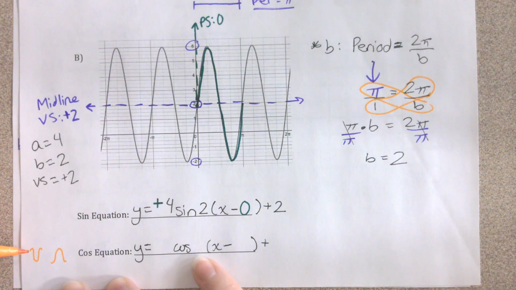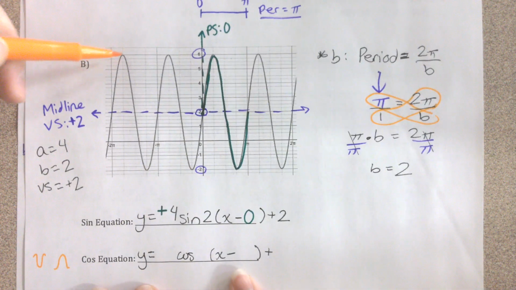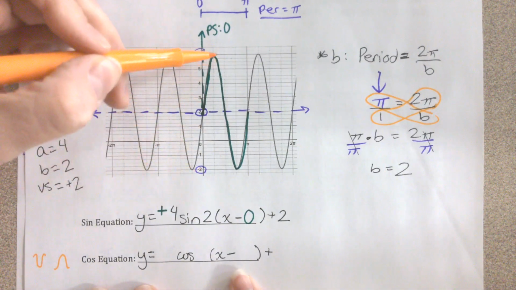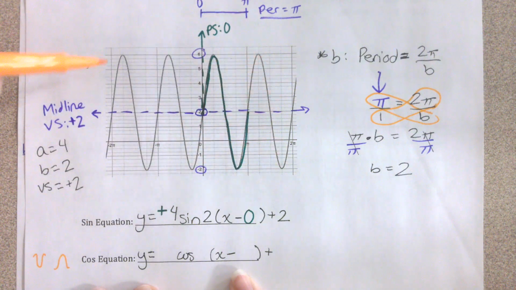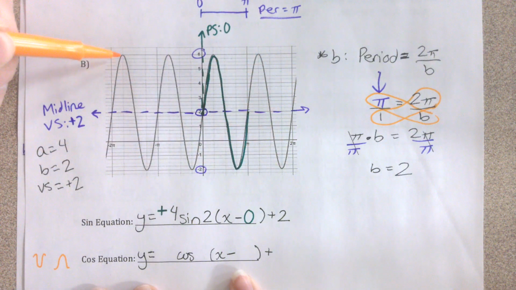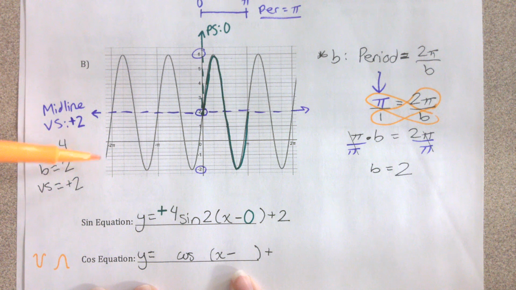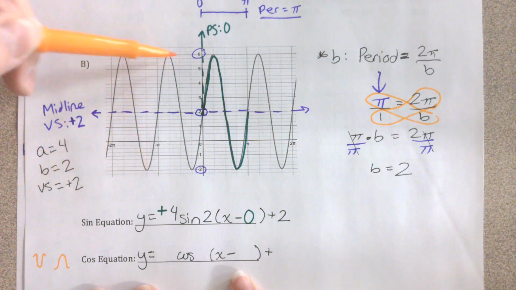But you want to find where it starts. It's either going to start at a maximum or start at a minimum. So we have a U here, here, here, and here. Those are all non-reflected U's because they're all upward. Or you can look at the reverse, the downward U's.